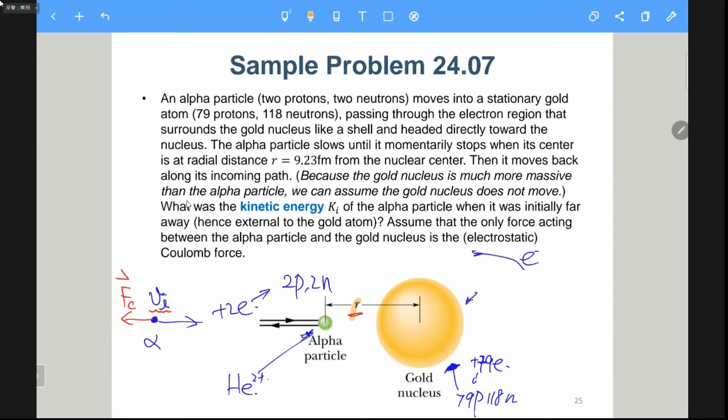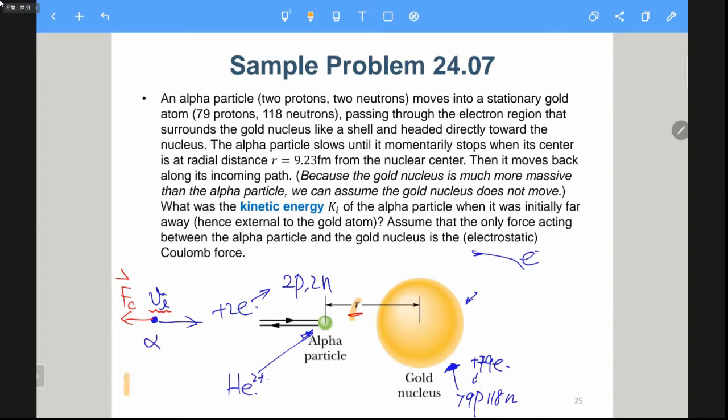And what was the kinetic energy, Ki, of the alpha particle when it was initially far away? As long as it has some velocity, it will have kinetic energy.